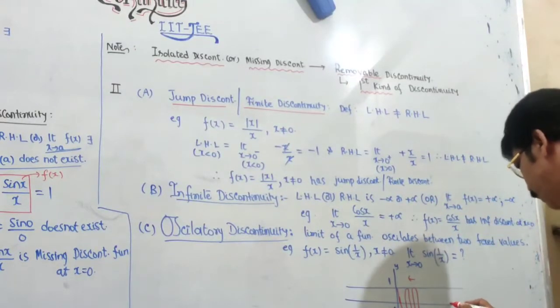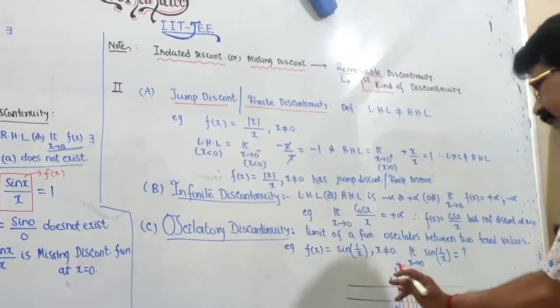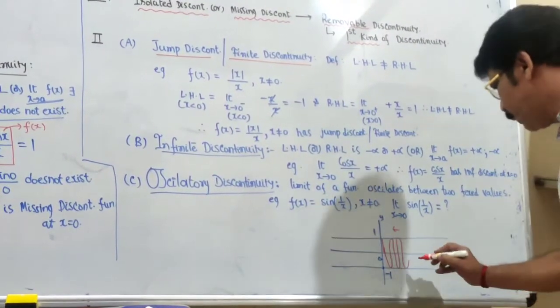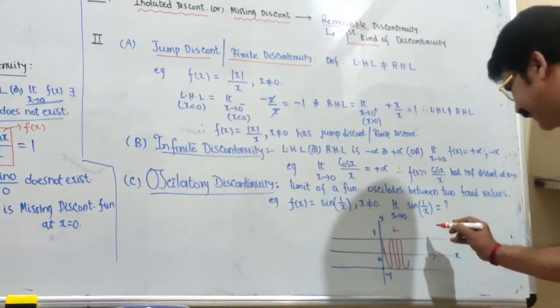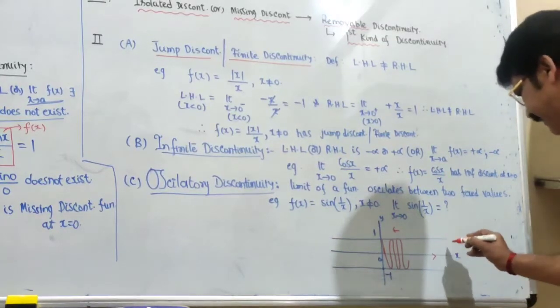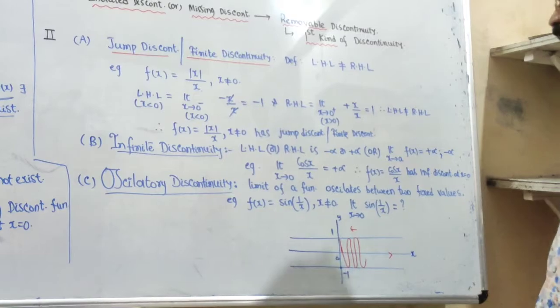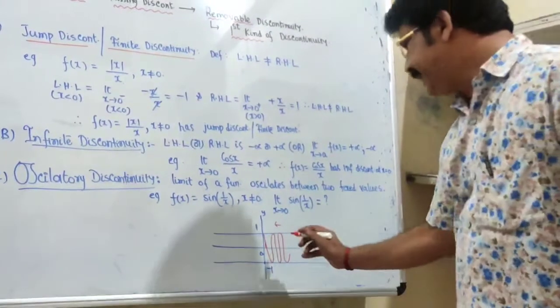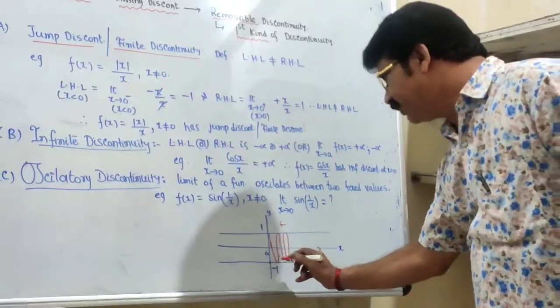As x tends to infinity, 1 by infinity is 0, sine 0 is 0. So it is going on like that. As x tends to infinity, y is 0, meaning the f of x value is 0, nothing but 0 plus.